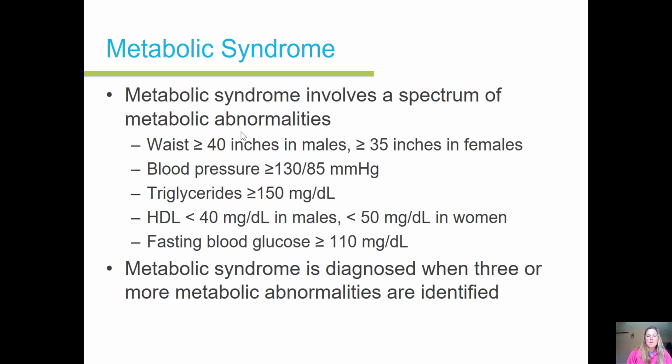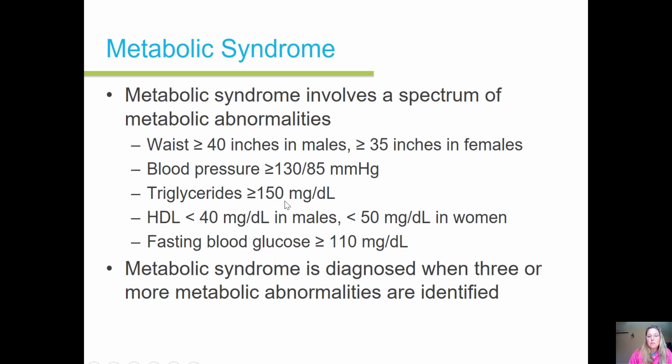Metabolic syndrome, which I talked a little bit about in the previous chapters, is having a bunch of different metabolic abnormalities, one of which is a waist circumference equal to or greater than 40 for males or 35 for females. Blood pressure at or above 130 systolic and 85 diastolic.